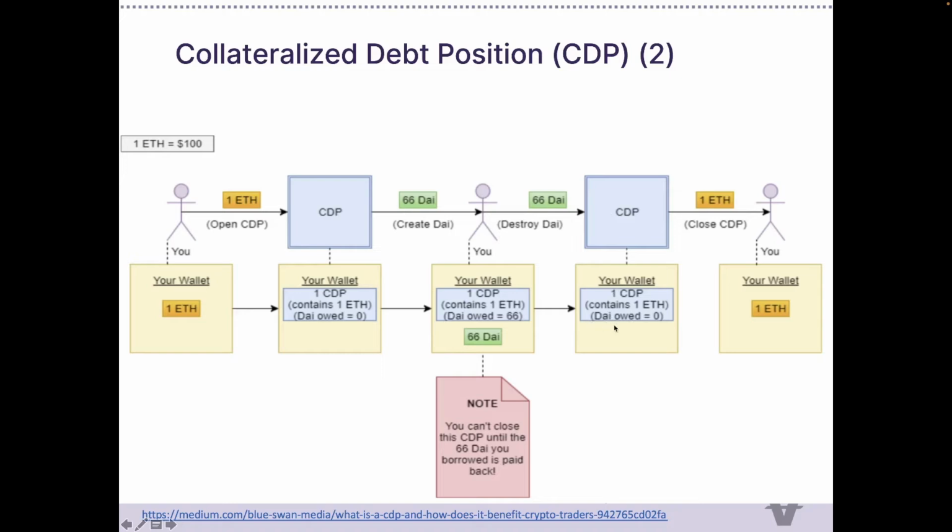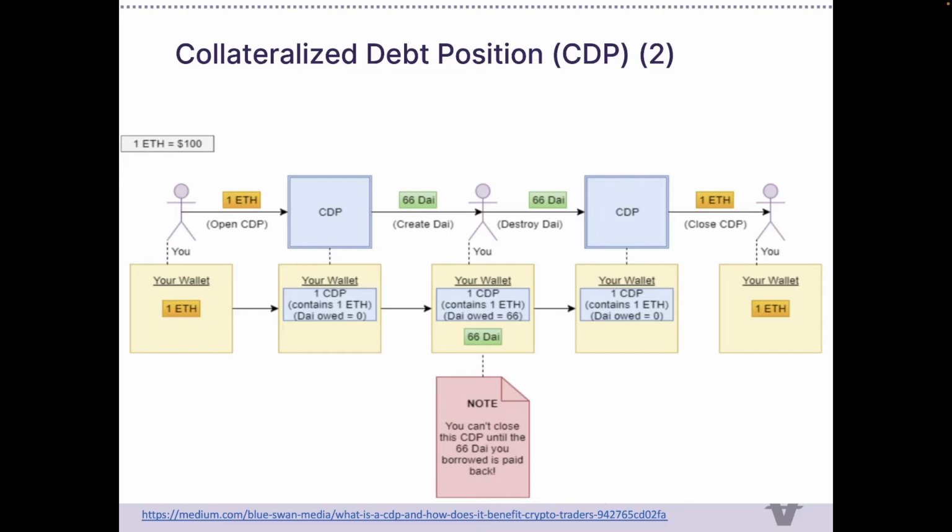Then you're not owing any DAI to the Maker protocol, and the 1 ETH will be returned to you. So that is the most simplified form of a CDP: put up collateral, you receive DAI, pay back your loan at some point, and you get back your collateral.